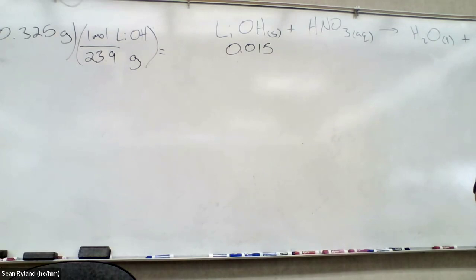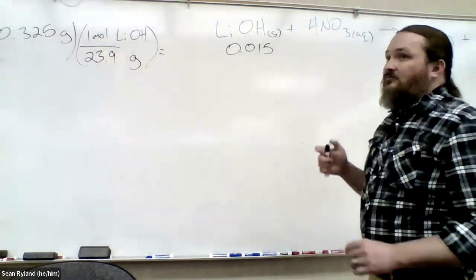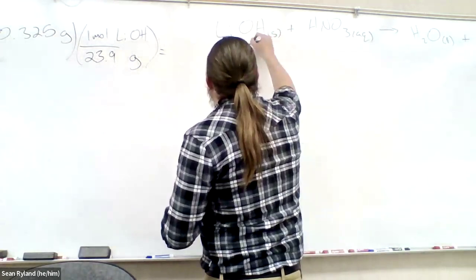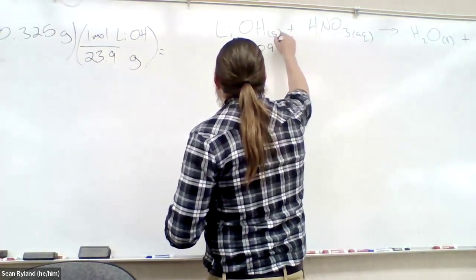If you haven't pulled a calculator out yet, basically all we're doing today is practice with pH in these calculations. So you're going to want a calculator. 0.0098, so that'd be 0.01.